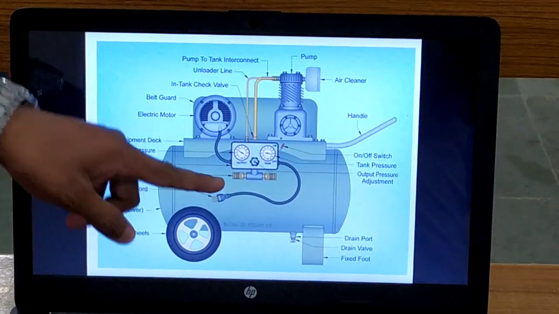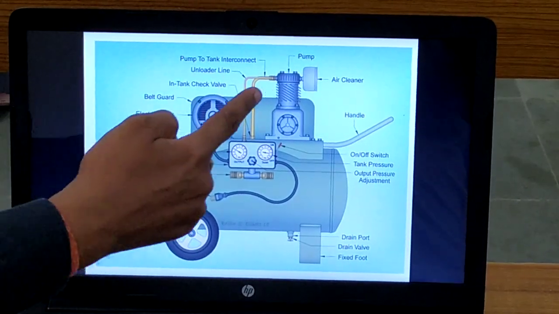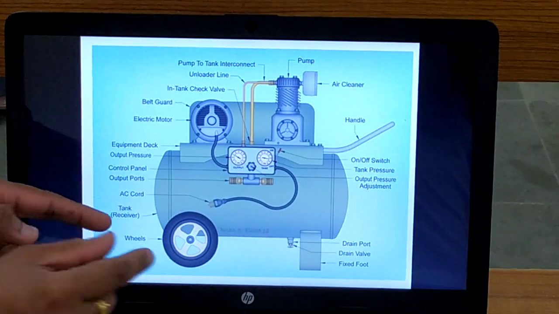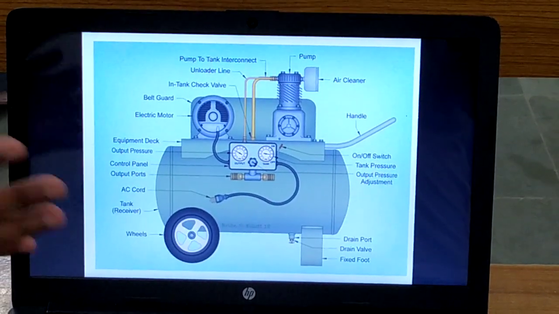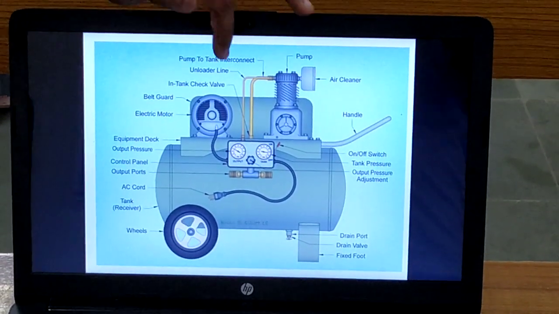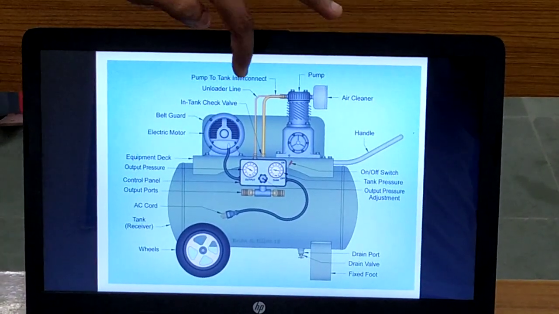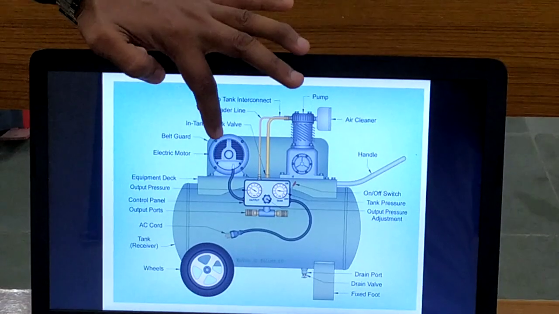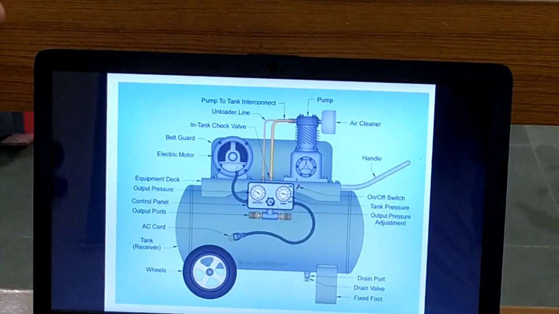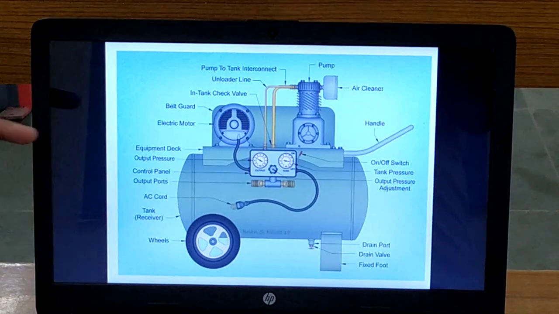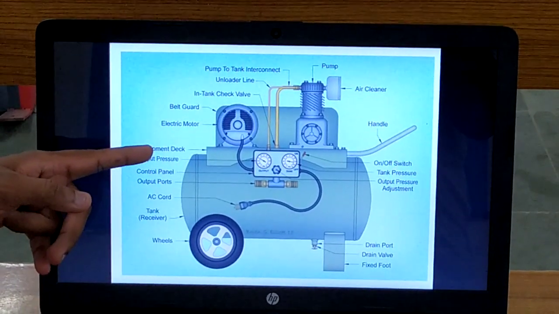This is the tank, and the yellow line carries the air to the tank. This is the unloader line. The excess pressure will go out through the unloader line, and this is the belt guard. The electric motor drives the pump by a belt.